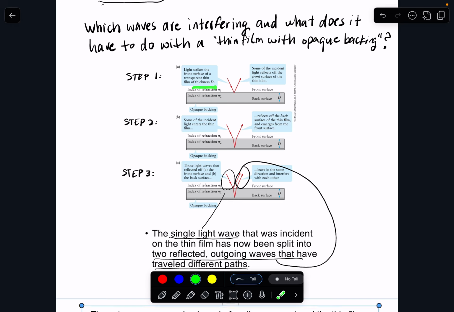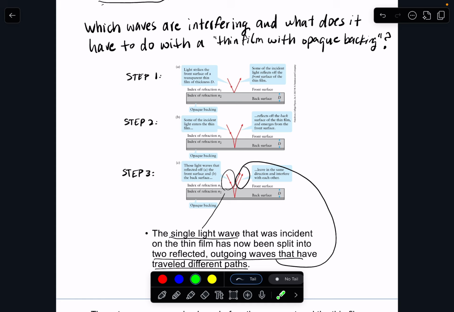So here we have air, right, with index of refraction N1. And then we have our material, our thin film, index of refraction N2. And then here we have the opaque backing and its index of refraction. It doesn't really matter, but it's so big that the light does not penetrate through it, okay?